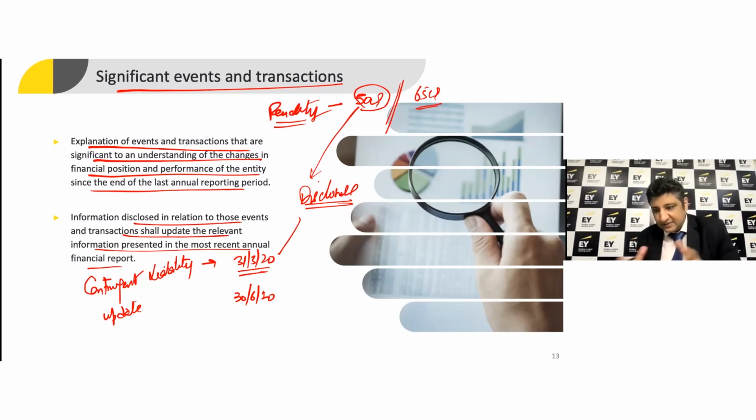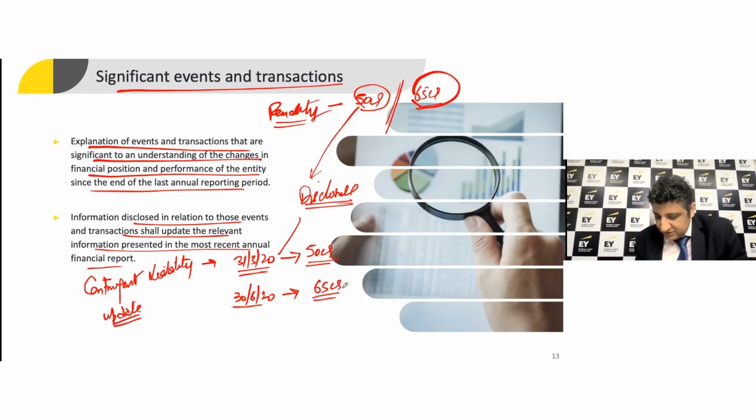Nothing is becoming a present obligation as yet, but while my report for the year ended 31st of March 20 referred to that penalty amount of 50 crores, the interim report ended 30th of June would update this to 65 crores. Okay. And let's take a step further.